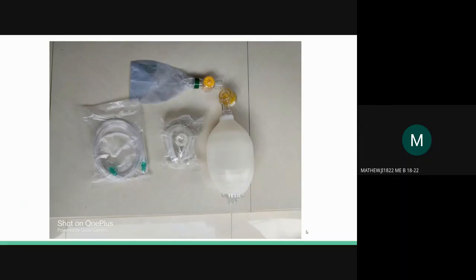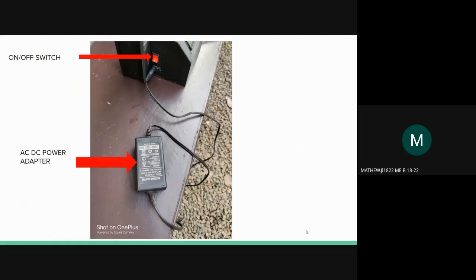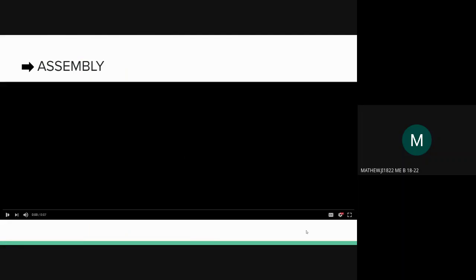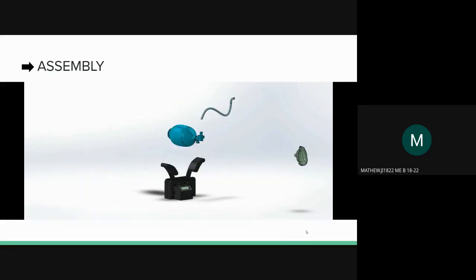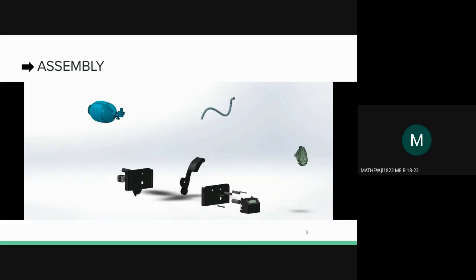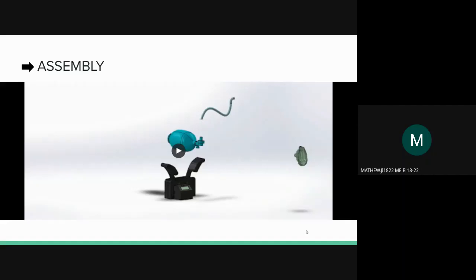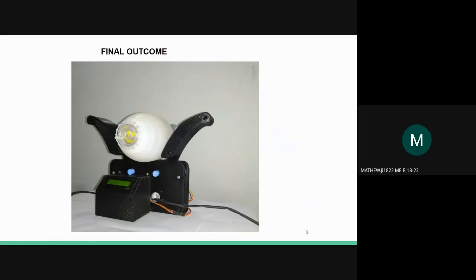These are the various attachments of the Ambu bag. This was an assembling video done in SolidWorks. This is our final outcome.